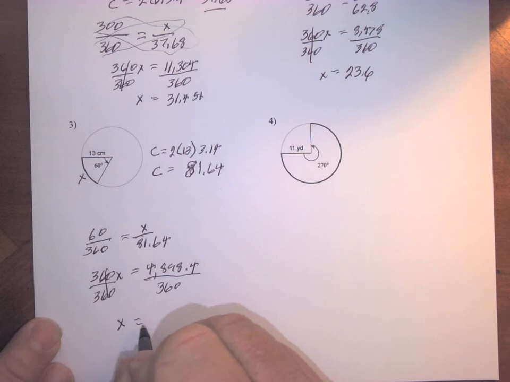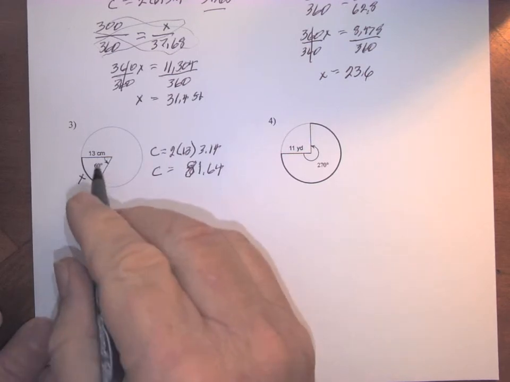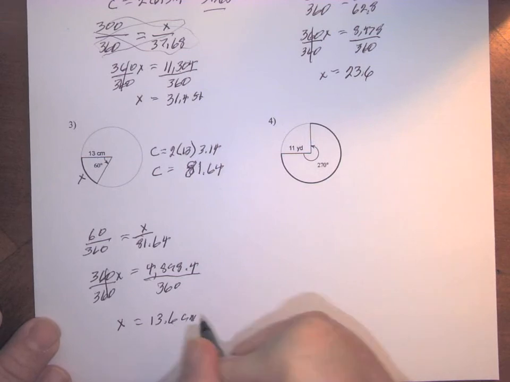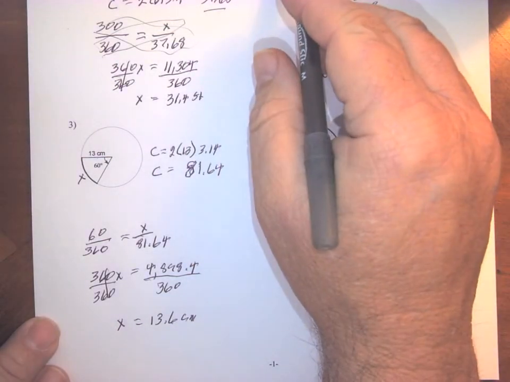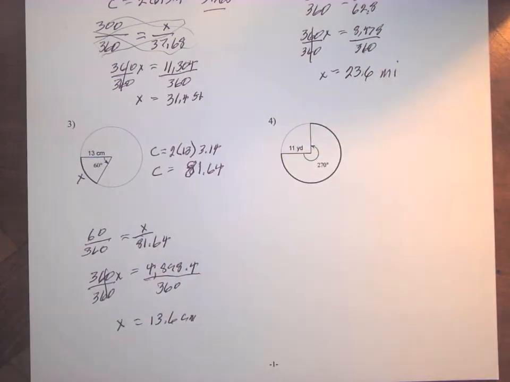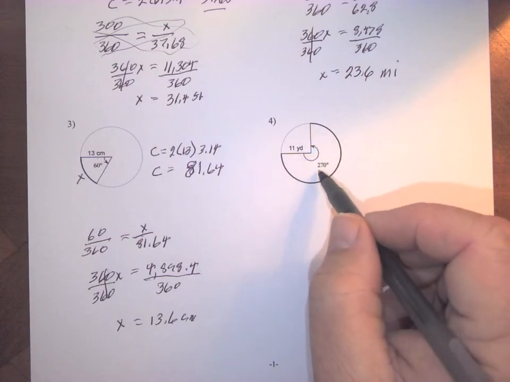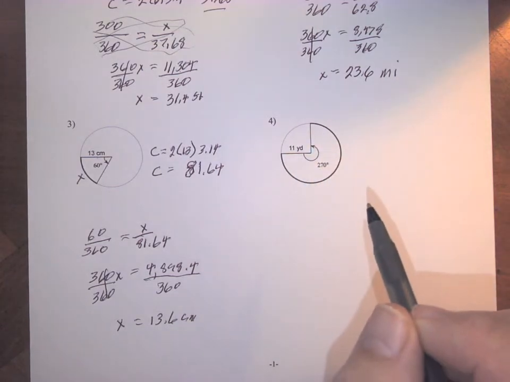X is equal to 13.6, and in this case it's centimeters. Up here it was miles. But you see, they're all working the same way. We're looking for the proportion of the total circumference that is included in the 270.